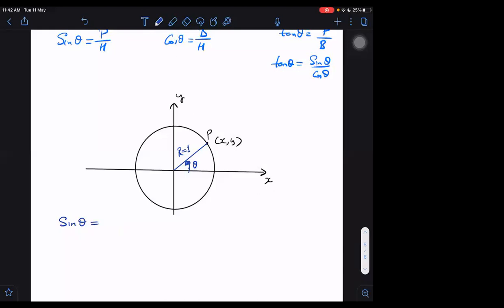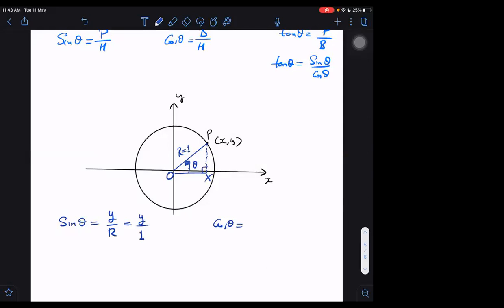It would be y divided by r, but r is 1. So I could have written it as just y divided by 1. What is cos theta similarly? It is x.